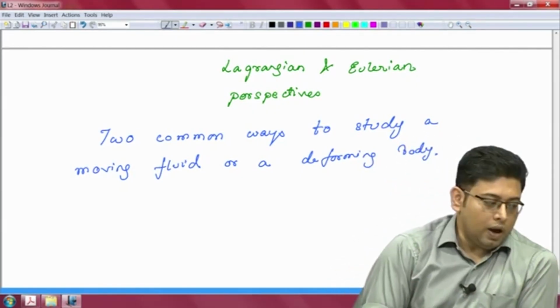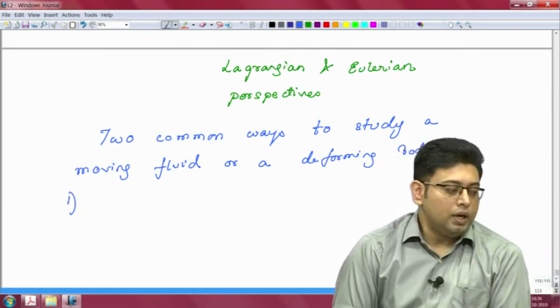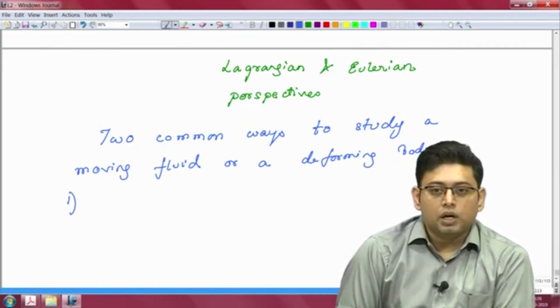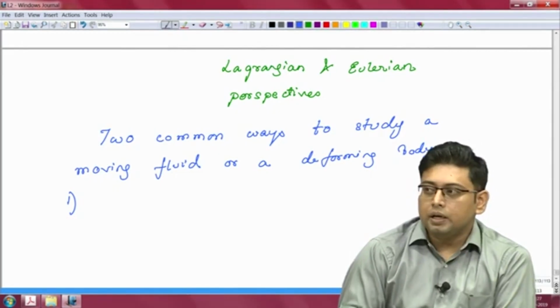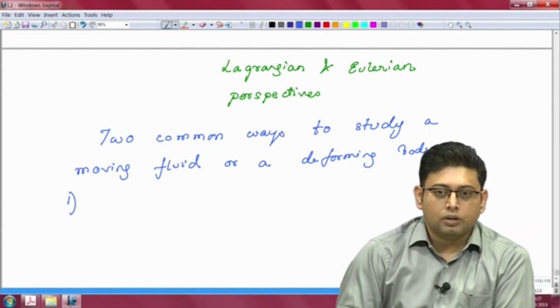The first is the Eulerian one. In the Eulerian one, what we do is we look at a particular location and then we observe how all the particles, or all the material points, are flowing through that location and how that behaves.